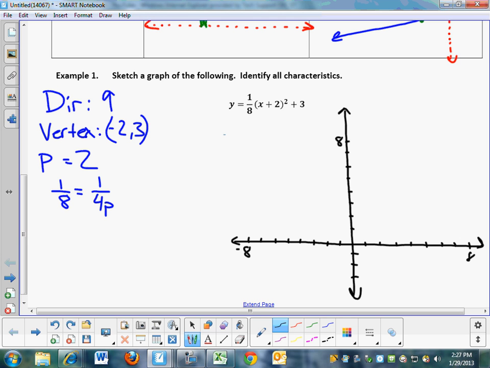Okay, all right, so I'm going to plot the vertex. As opposed to trying to figure everything out, I'm going to draw it out and then write it down. Okay, the vertex was easy. -2, +3. Got it. Perfect.